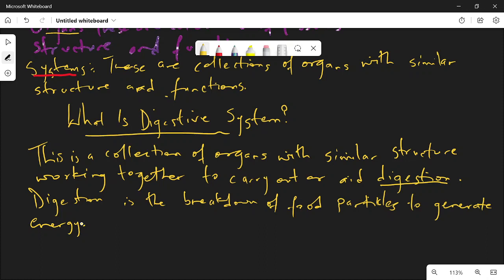So the organs that take part in digestion make up the digestive system.